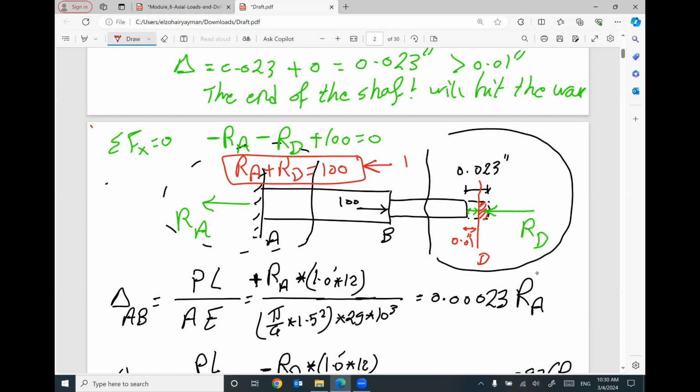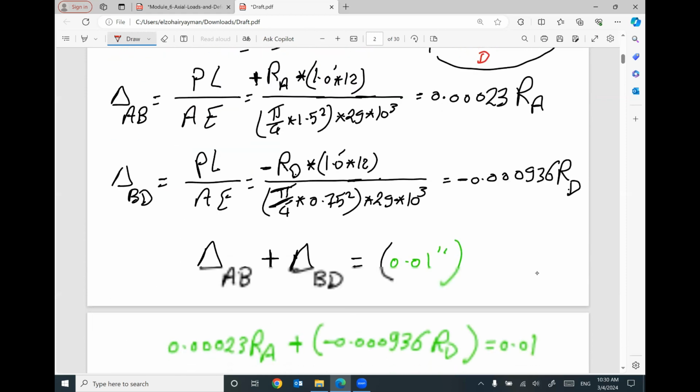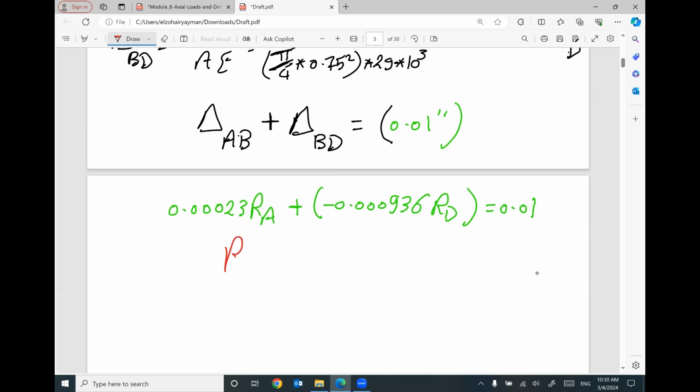This is the first equation, and this is the second one. So RA plus RD equals 100, so I can say reaction at A equals 100 minus reaction at D.